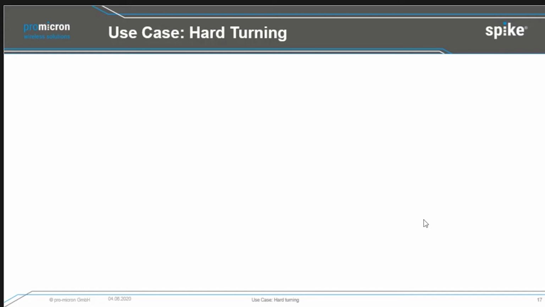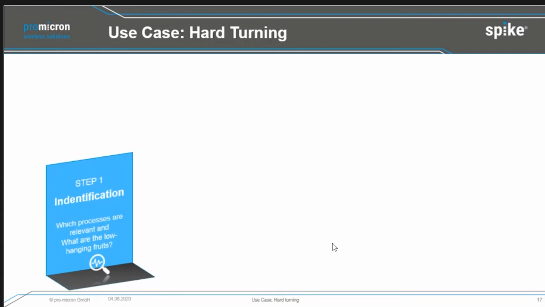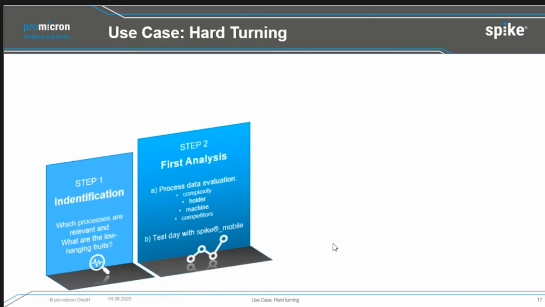So I already showed you our 4 steps in the slides before, but now I'd like to specify the 4 steps, or our 4-step plan to cost reduction. Step 1 is the process identification. Which processes are relevant and what are the low-hanging fruits? We've heard this before.